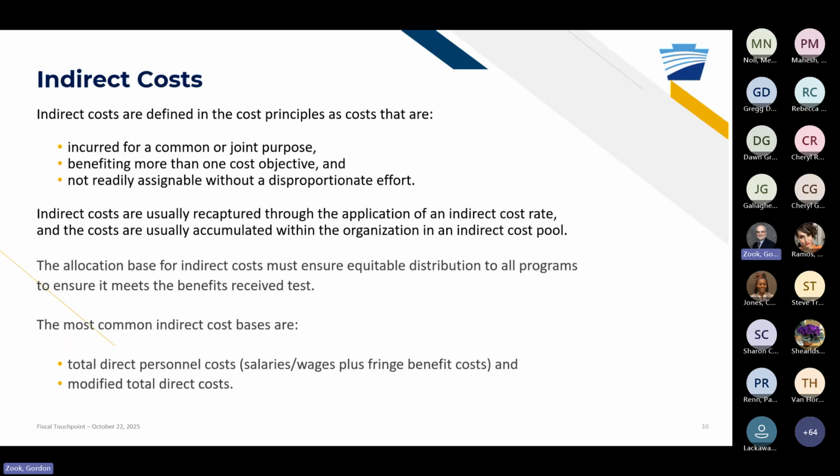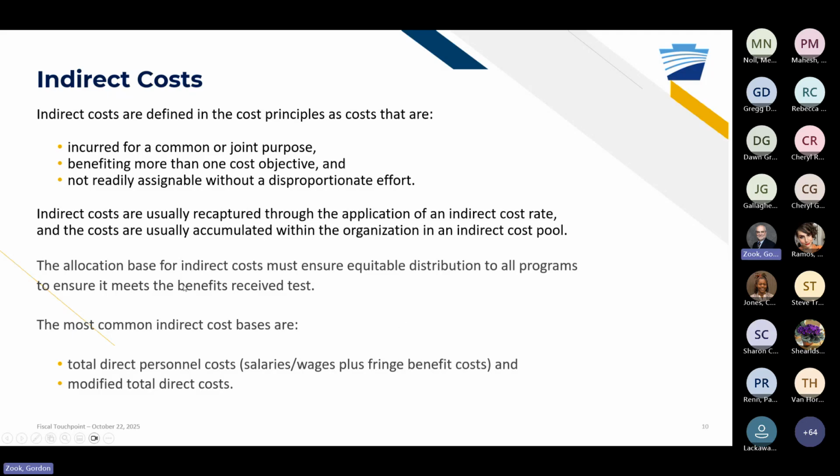So you can recapture these indirect costs by using an indirect cost rate, and either that's a rate that's been negotiated with your cognizant agency, or you can use the de minimis rate, which for grants awarded after October 1st, 2024 is now 15%. Prior to that date, it's 10%. So indirect costs you accumulate in an indirect cost pool, and then use your indirect cost rate to assign those out across your various grants.